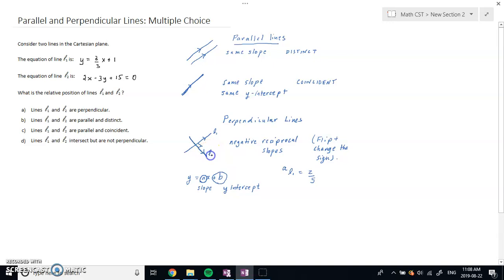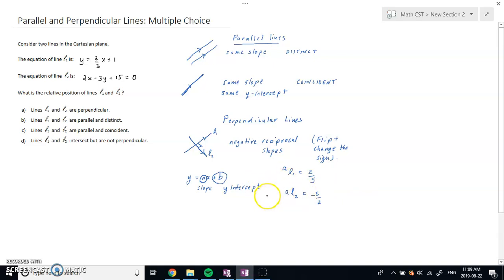The slope for line 2 you'd flip, so it becomes 5/2, and you change the sign and make it negative because 2/5 was positive. So that would be their relative slopes for these two imaginary lines.